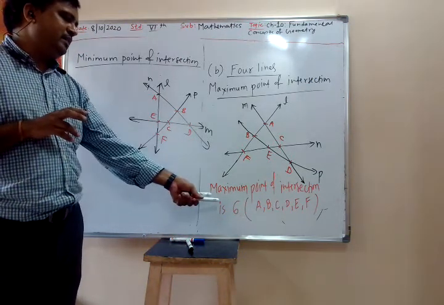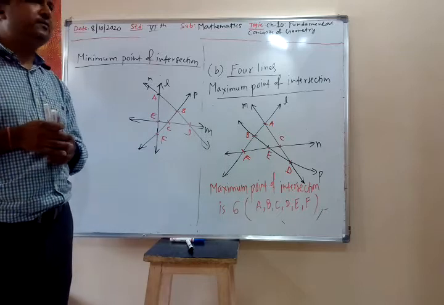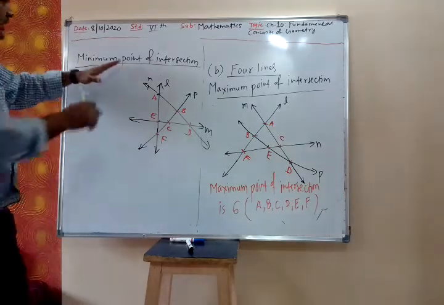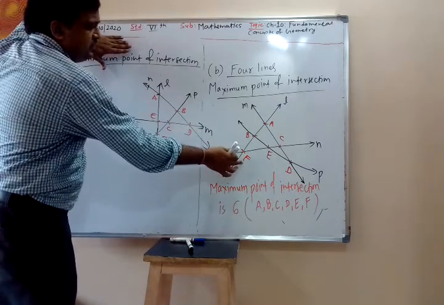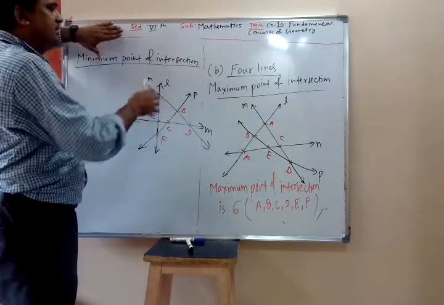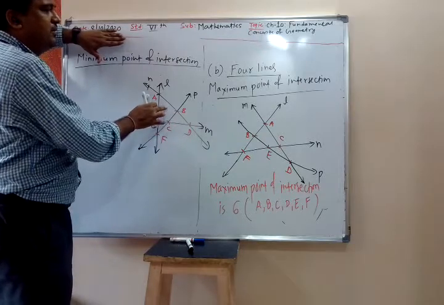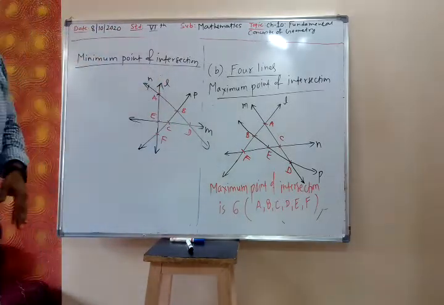Maximum point of intersection is 6. See here, this diagram I have drawn for this. Just now somebody said to draw another diagram. So this is another diagram I have drawn for 6 points of intersection.